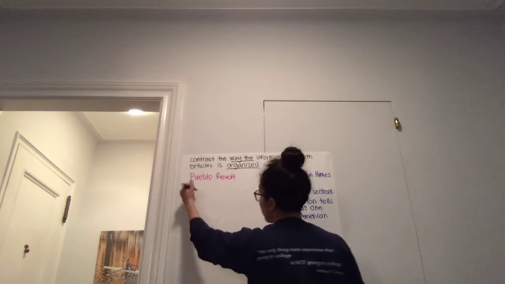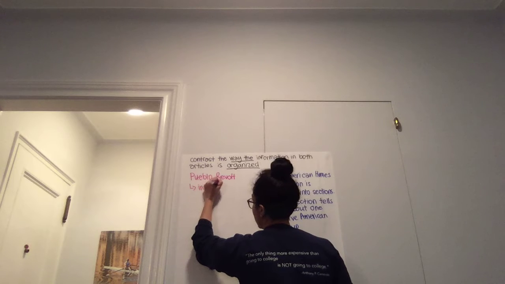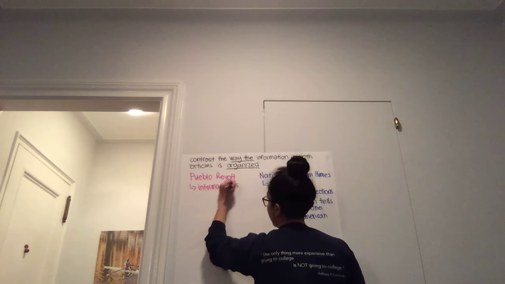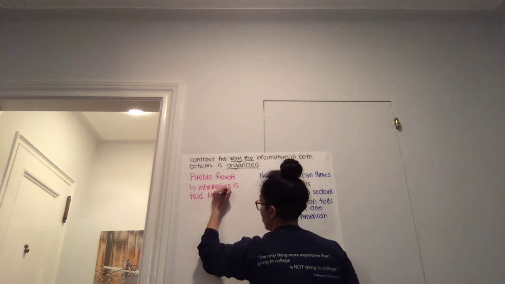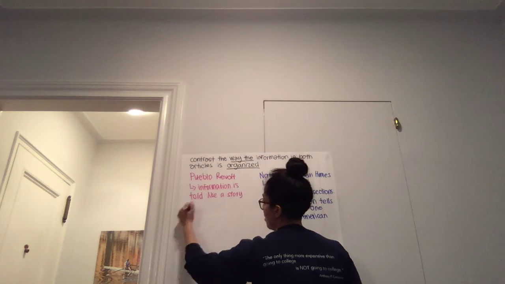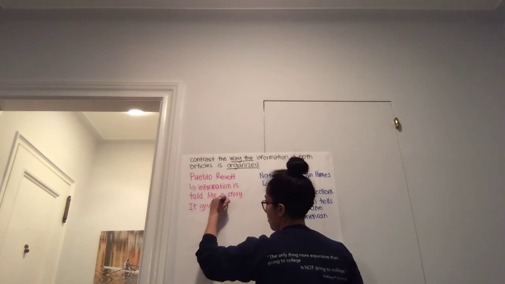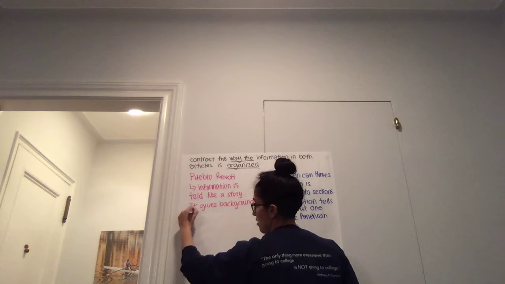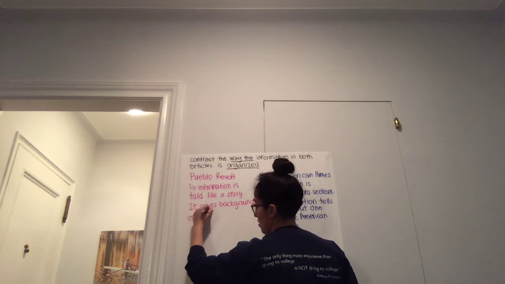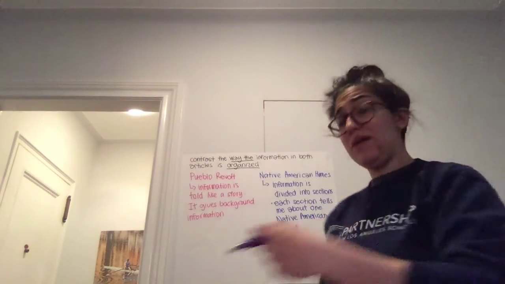So I'm going to say, here, the information is told like a story. It gives background information, and then it goes in chronological order, right? So it says, here's what happened first, here's what happened after that.